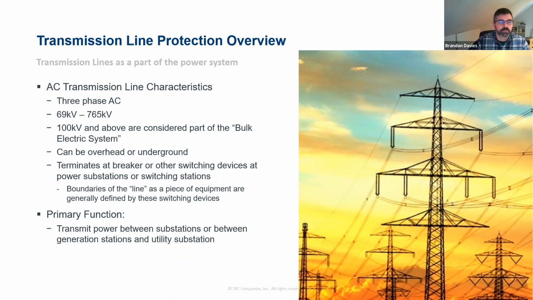Again, the primary function of transmission lines is to transmit power between generation and utility substations, and eventually move that power down to the distribution so that it can go out to customers.